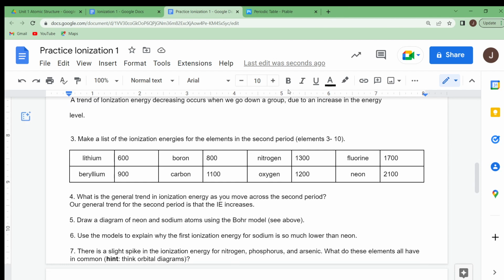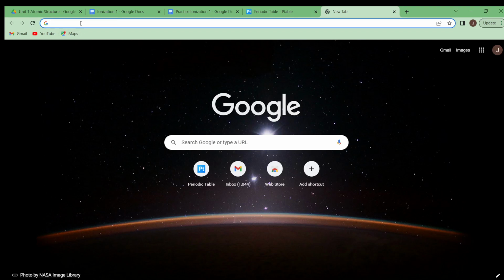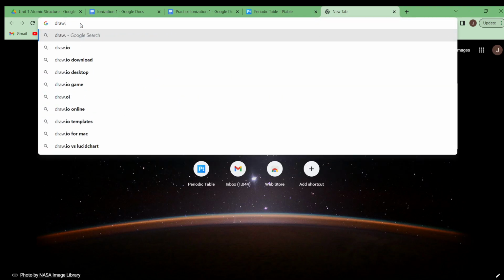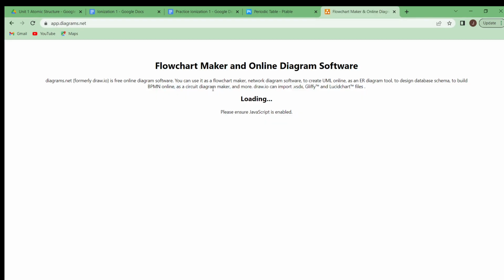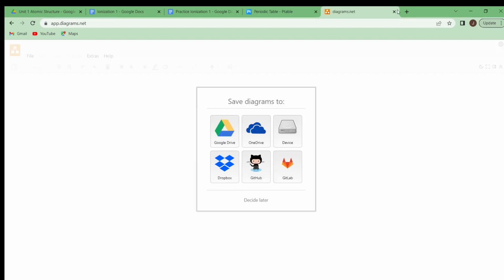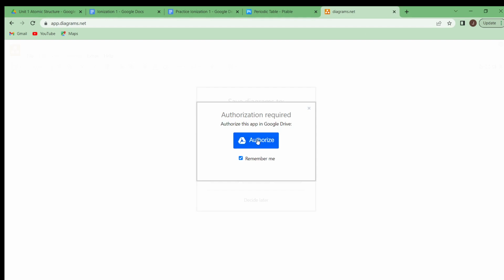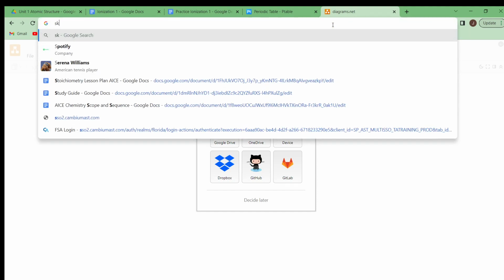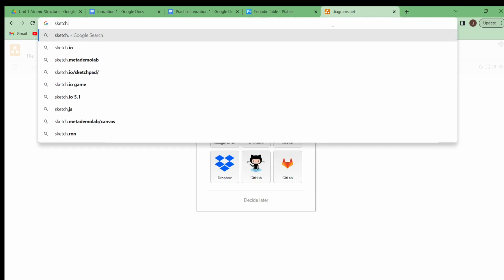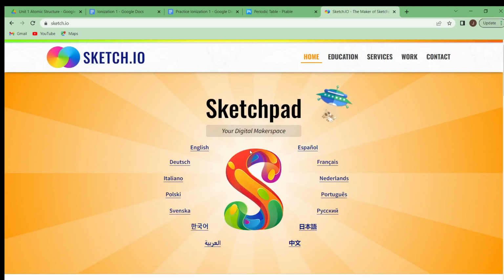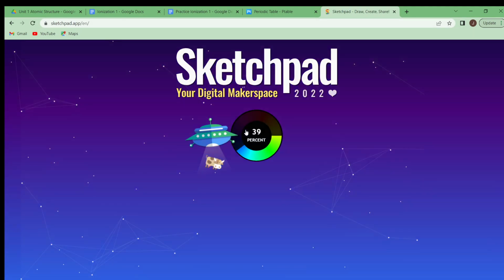Next, we're going to have to go ahead and draw an example of the neon and sodium ions using our Bohr models. Now, we went over this really quickly, but the idea is that we want to go ahead and look at each of our elements here.